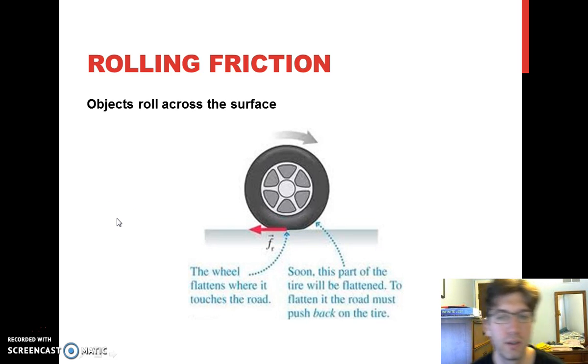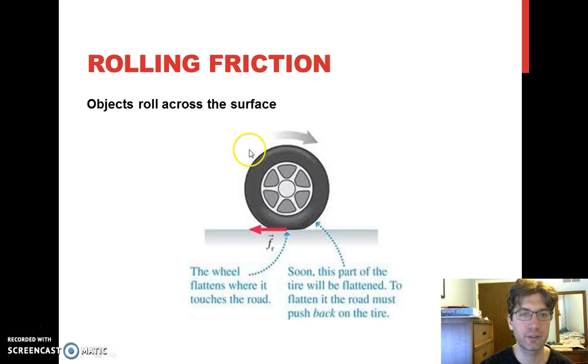That's one of the reasons why tires with air in them work better than if you just had a solid block. One, you can get more friction out of it, and two, the air actually allows it to grip around things. You don't feel every bump as you go across it from the other surface. But again, here, if my tire is moving in this direction, friction is going to be opposing that direction.